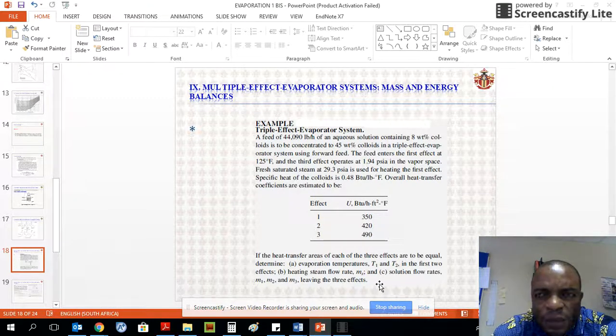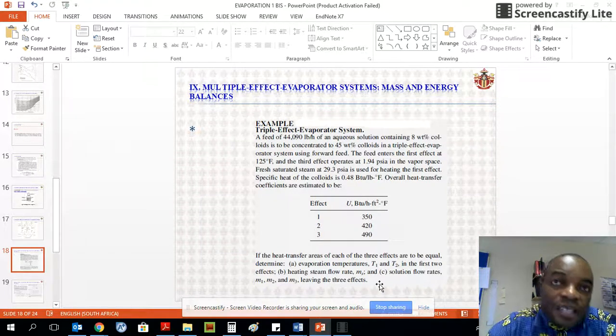The problem is quite interesting because it's a practical application of material and energy balances. It allows you, depending on your target, on the specification of the final product, to tell what should be, for example, the flow rate of your steam to ensure that the whole process meets the requirements.